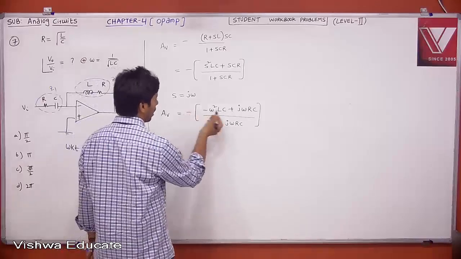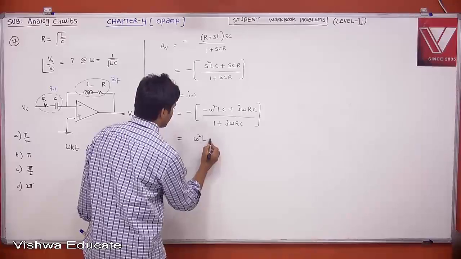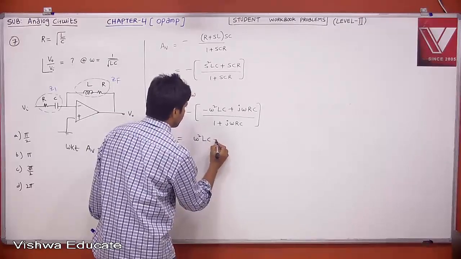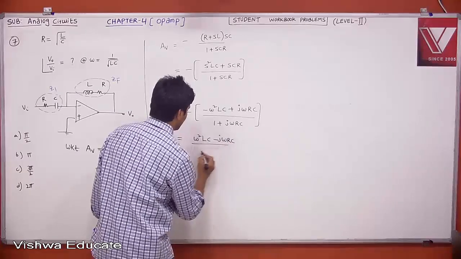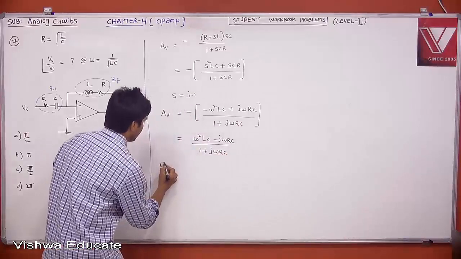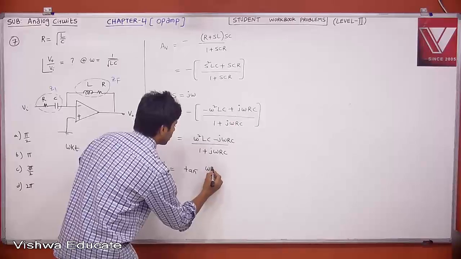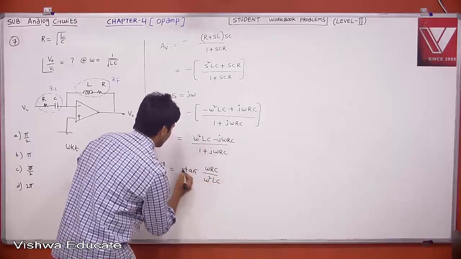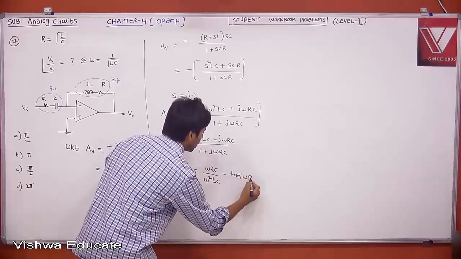Now if you take this minus inside, this is nothing but omega square LC minus J into omega RC divided by 1 plus J into omega RC. Then what is your phase angle? Your phase angle is equal to tan inverse omega RC divided by omega square L into C, that is minus, and then minus tan inverse omega RC.